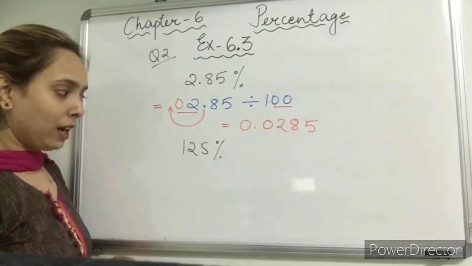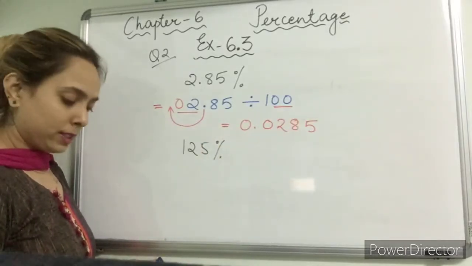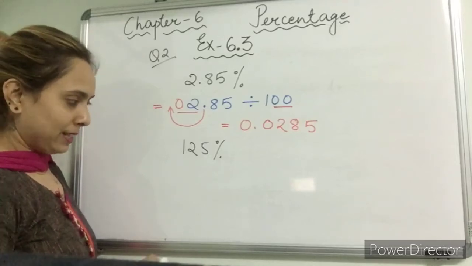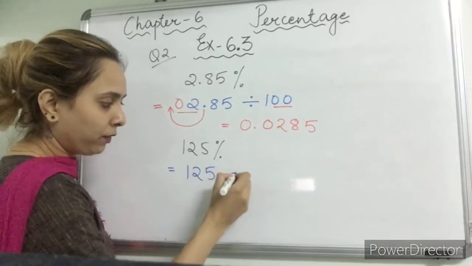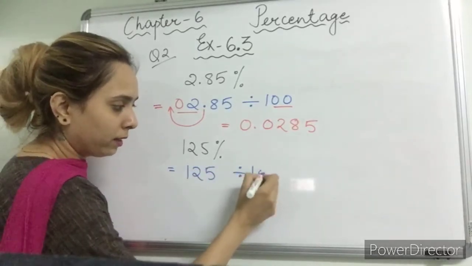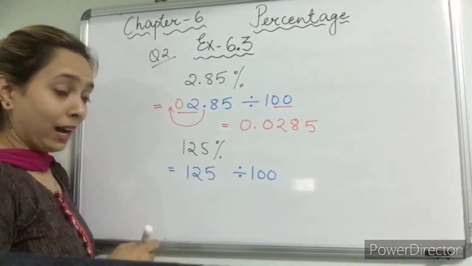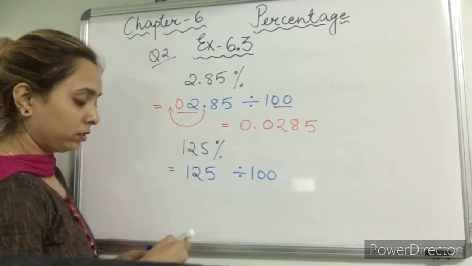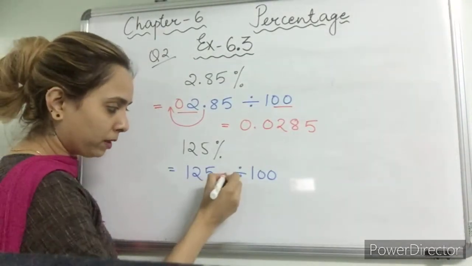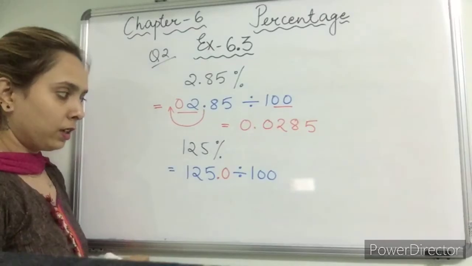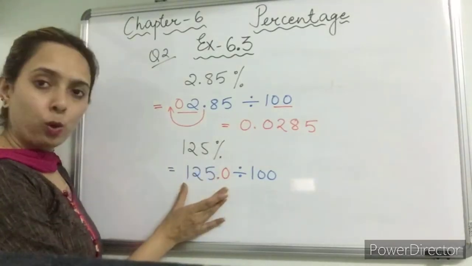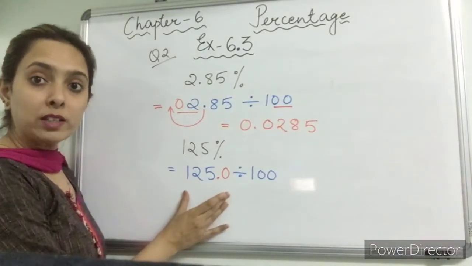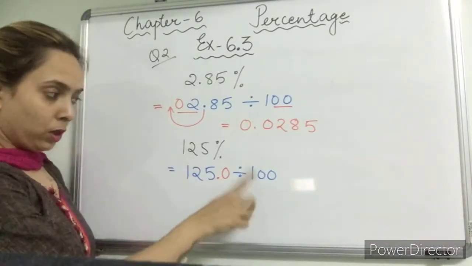Next is 125%. So let's start. 125 divided by 100. Now again, if you remove the sign of percentage, the number becomes a whole number, and whole numbers are always converted into decimal because we are dividing.